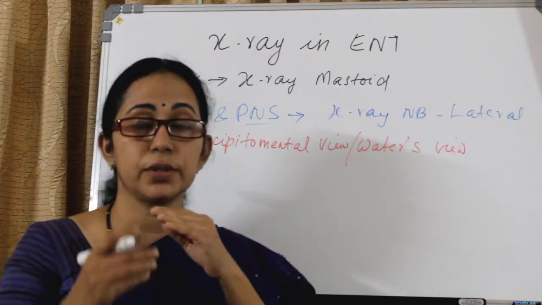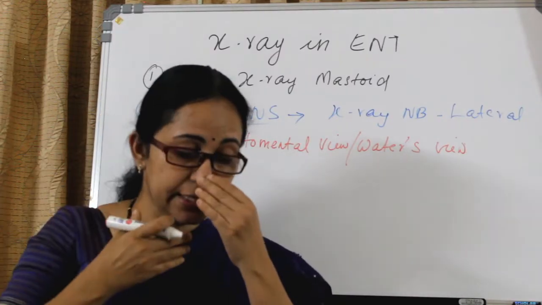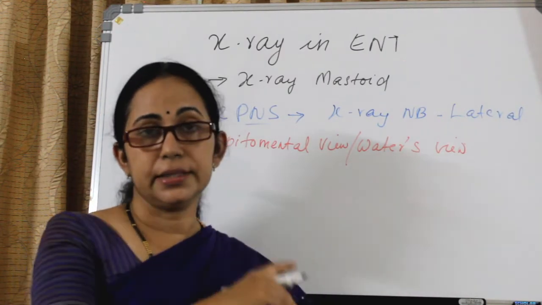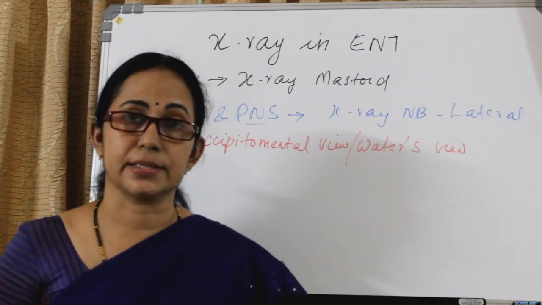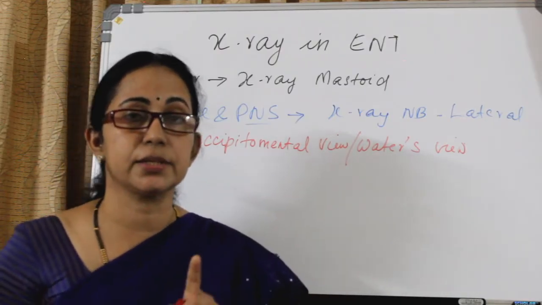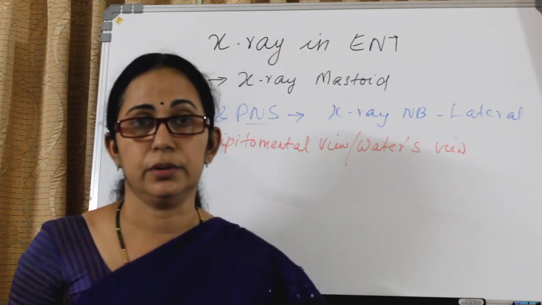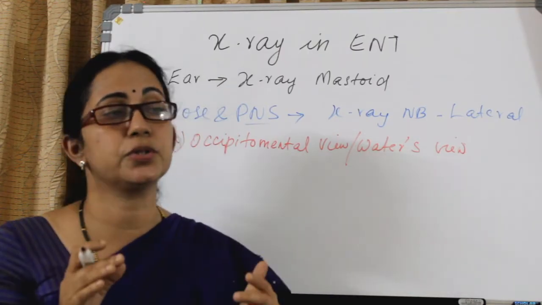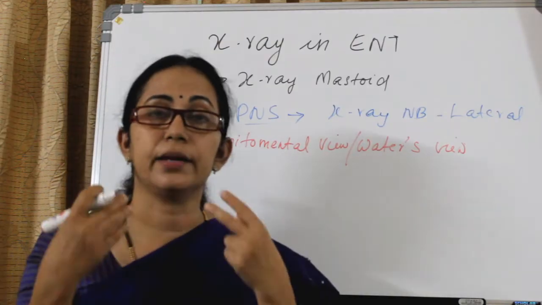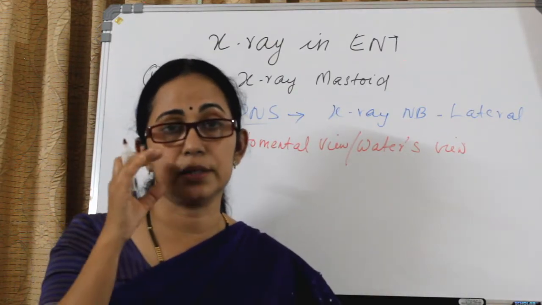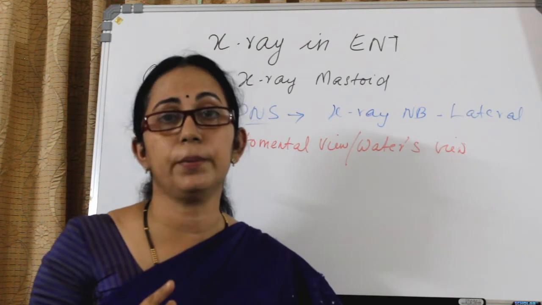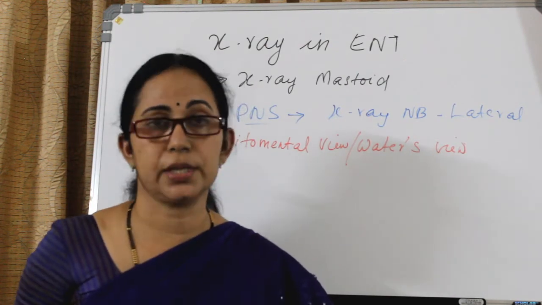This is actually nose chin view. And in this you can see all the sinuses, and if you want to see the sphenoid sinus, you have to take a modified Waters view, that is Waters view with open mouth. Normally in the Waters view or occipito-mental view, the mouth is closed, and if you take a modified Waters view, that is occipito-mental view with open mouth, you can see the sphenoid sinus also.